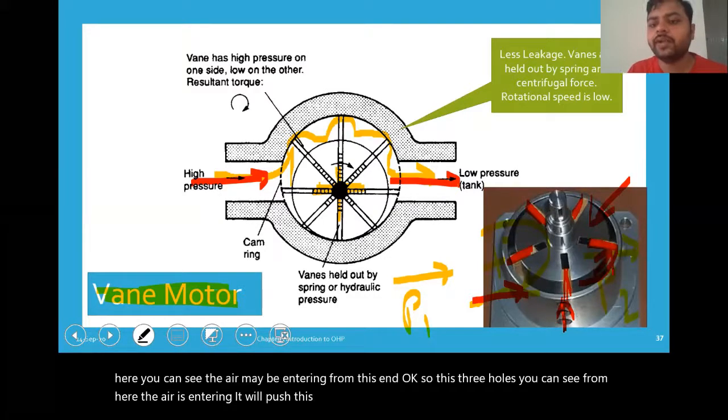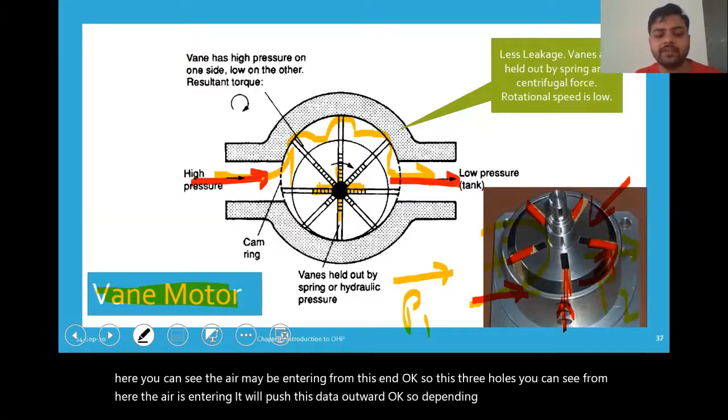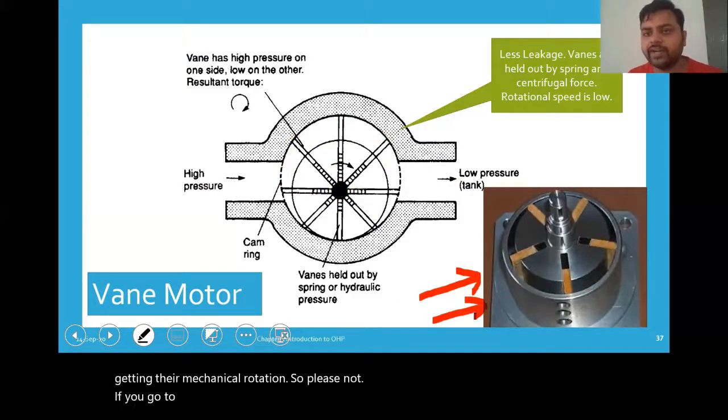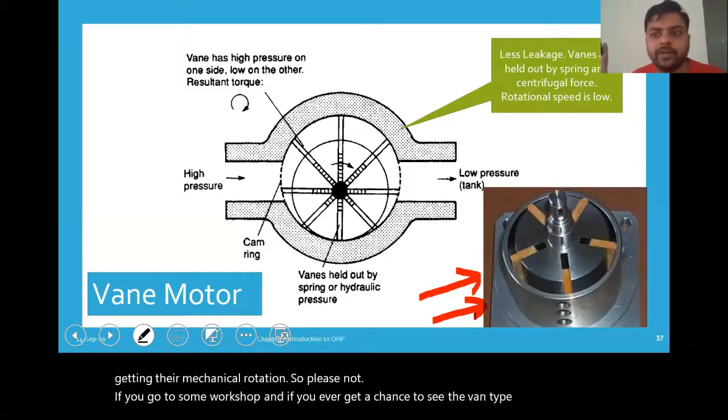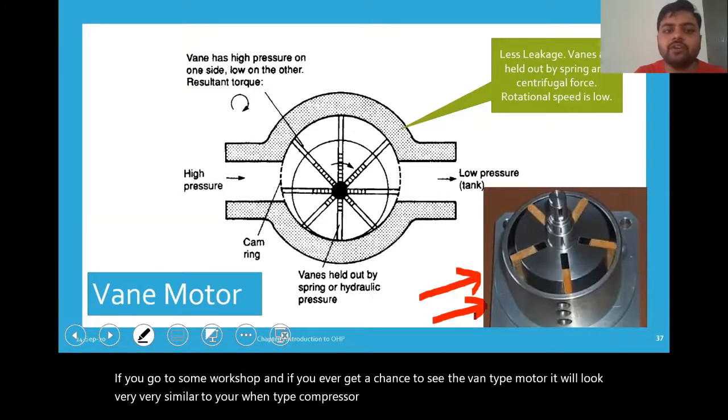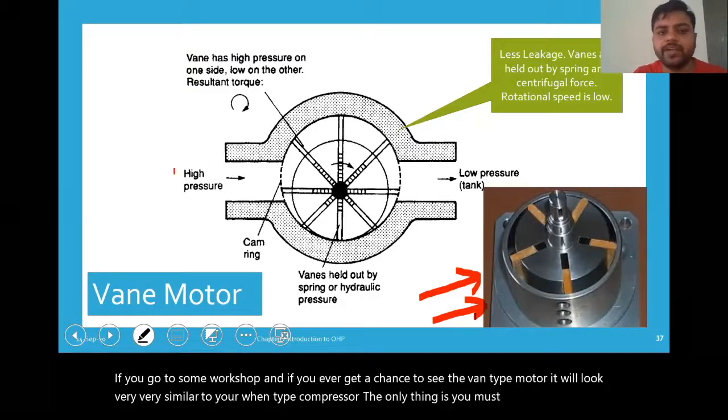So depending on this movement you are getting the mechanical rotation. So please note, if you go to some workshop and if you ever get a chance to see the vane type motor, it will look very similar to your vane type compressor. The only thing is you must observe the ports where the air is entering.